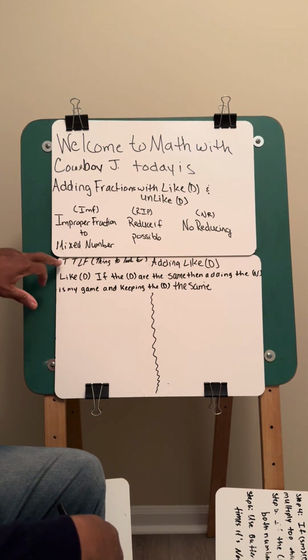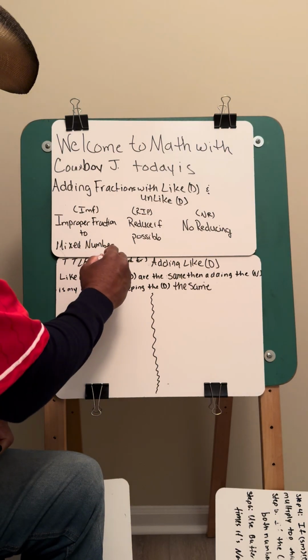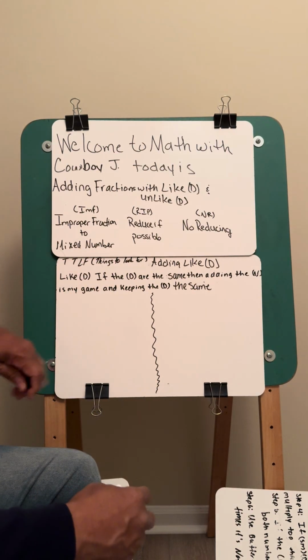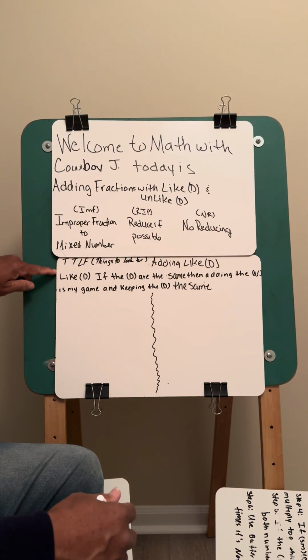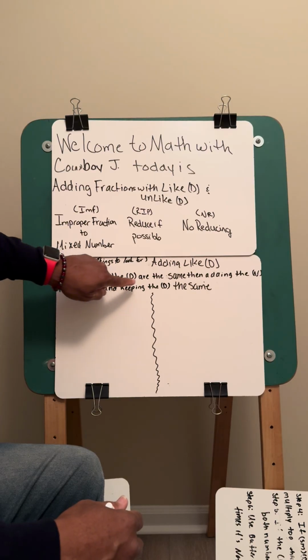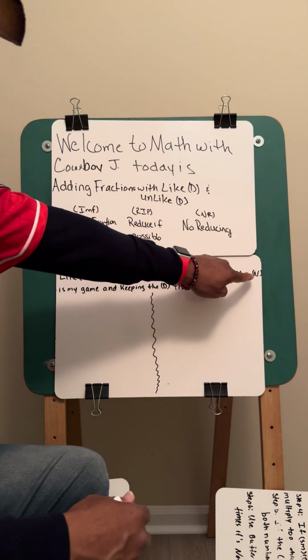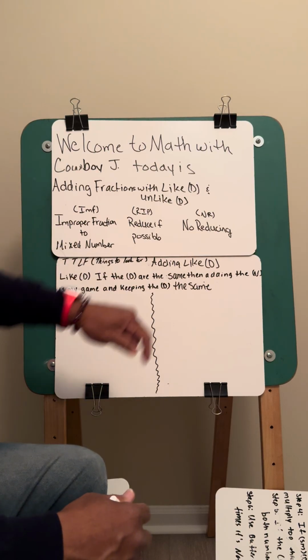So if you see me write TTLF, that means things to look for. So when adding like denominators, if the denominators are the same, then adding the numerators is my aim and keeping the denominator the same.